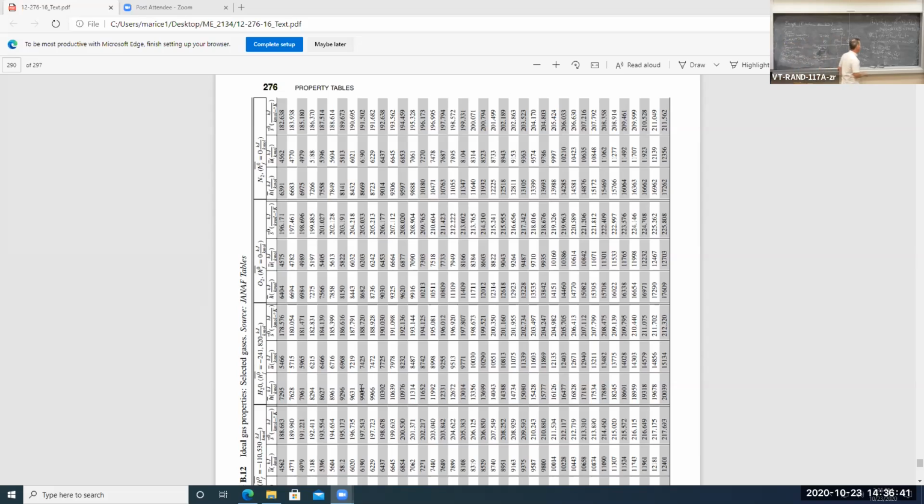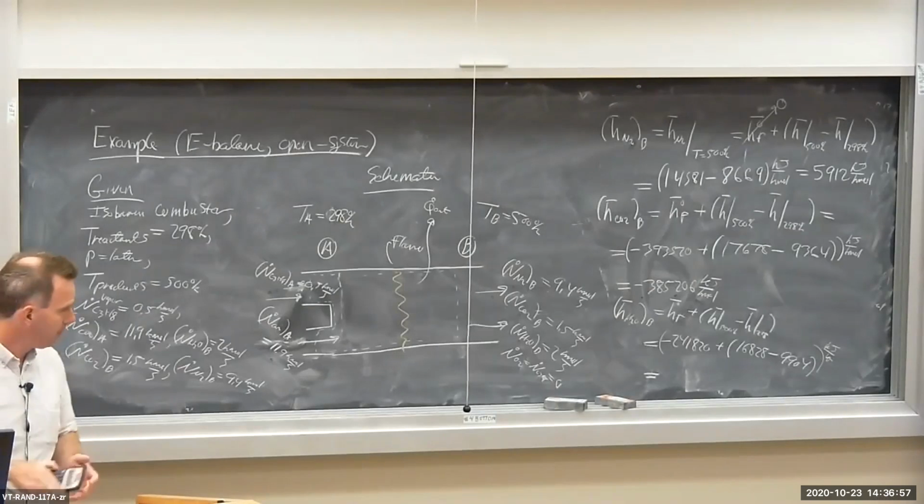We looked that up before. And that all has units of kilojoules per kilomole.